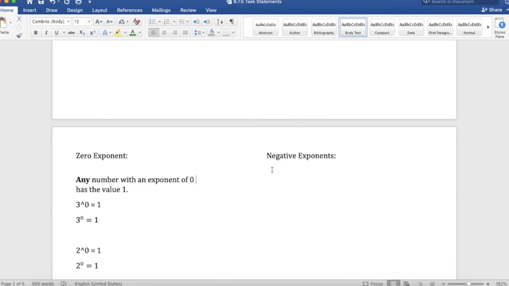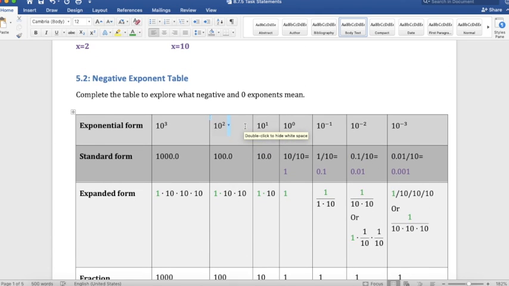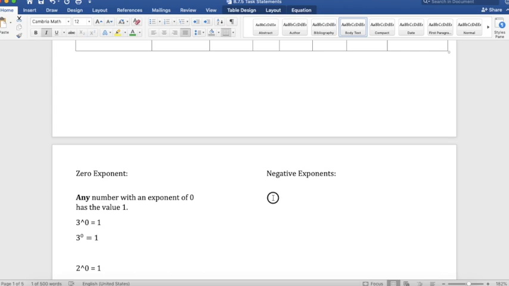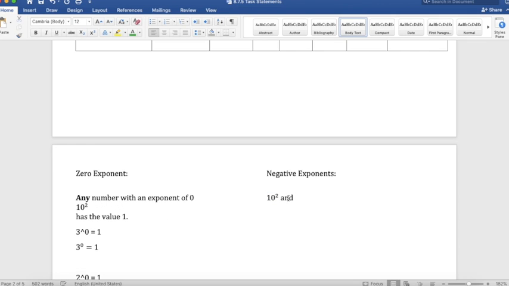So let's see what we can do here. I'm going to write an equation form. Again, I'm probably going to throw these notes at you so it's easier for you to get at home, just because the computers make exponents a little bit difficult. So 10 squared and 10 to the negative second are reciprocals.